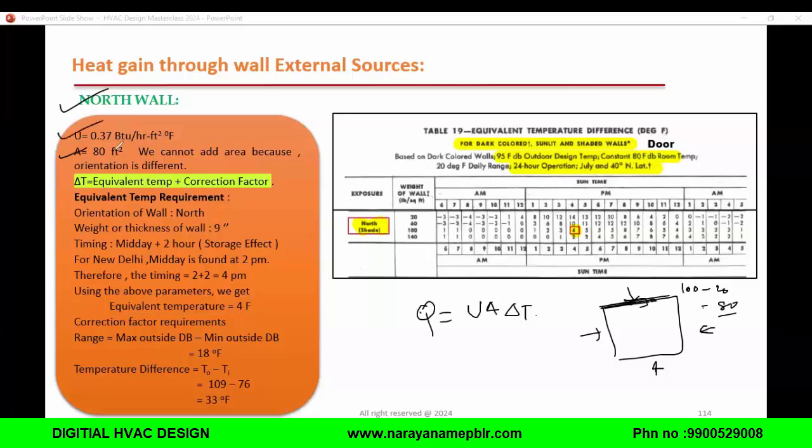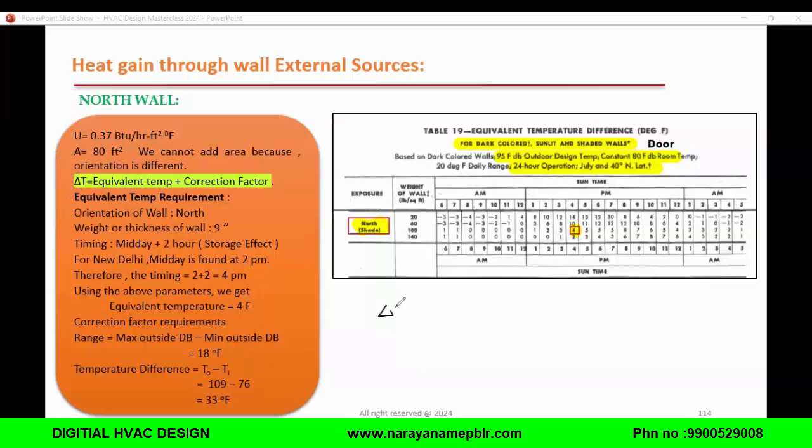And the U value we got previously. Now we'll find out the del T. Here, del T is equal to equivalent temperature plus correction factor. For all spaces and all areas except New York, you have to use the correction factor.